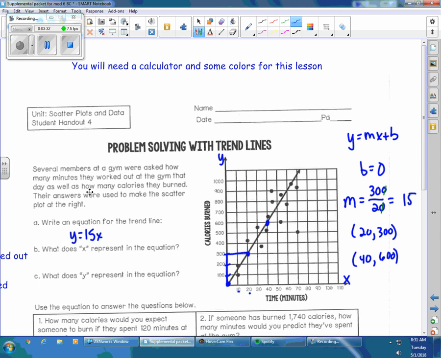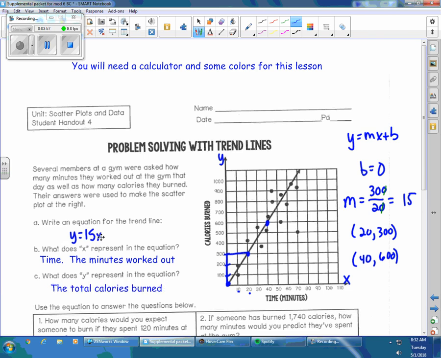So let's think about this. In terms of the equation and the scenario, what is my x representing in the equation? X represents the time, the number of minutes worked out. So I can plug in any time that I'm working out and figure out the calories burned, and that's what the y represents, the total calories burned.